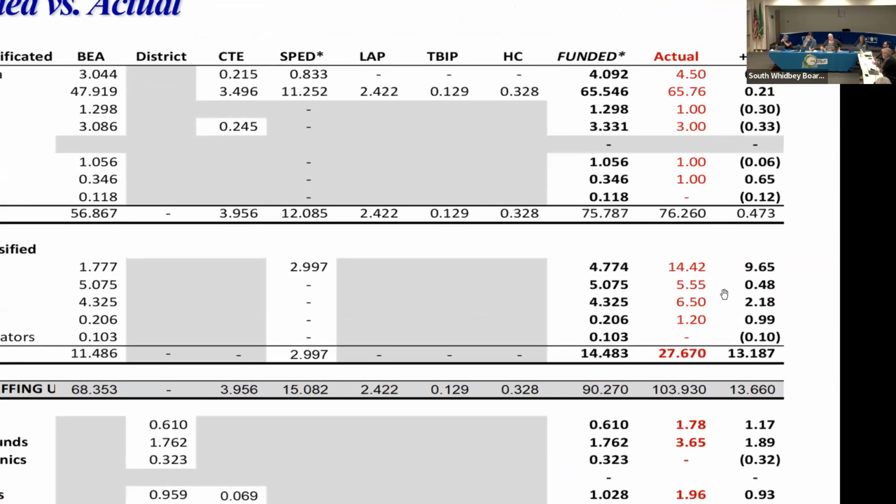And then the certificated staff below that, classroom teachers, et cetera, it's broken down by categories. We're pretty good in that area. We have funding for about 75.8, we're at about 76.2. There's only about a half an FTE that the district is funding.